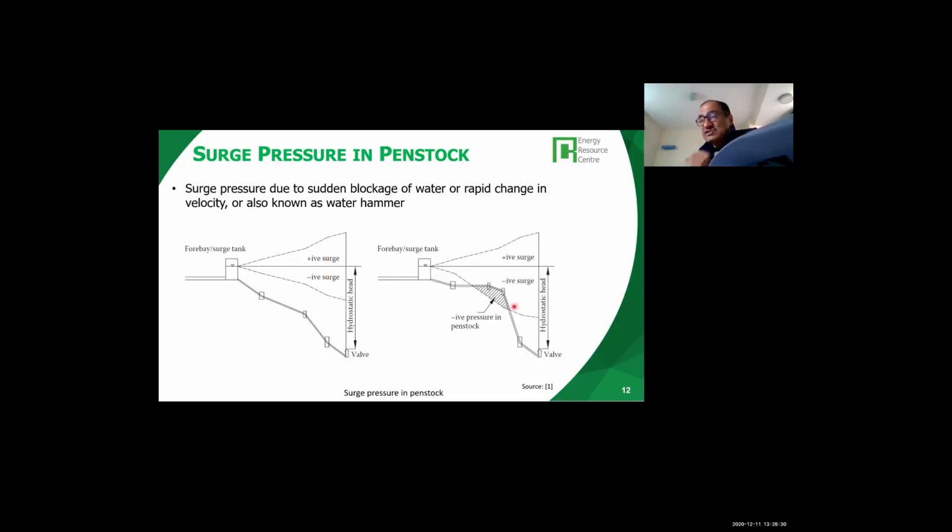In terms of negative surge, what it really means is that over here, in this portion, the hydrostatic head is from here to here, whereas the negative surge is below the hydrostatic head. So in this portion of the penstock, there is a negative pressure on the penstock.